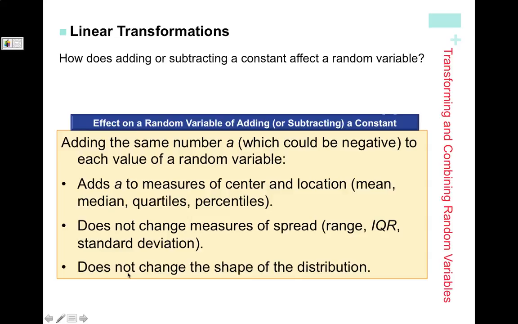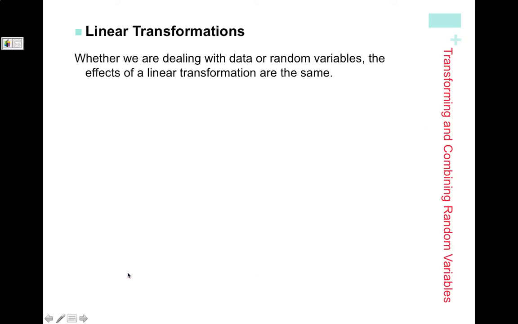We just saw these things in the previous example. So what we're seeing here is it doesn't matter if we're looking at individual data values, like back in chapter 2, or random variables and their probability distributions. The effects of these linear transformations, these additions and these multiplications, behave the same way.